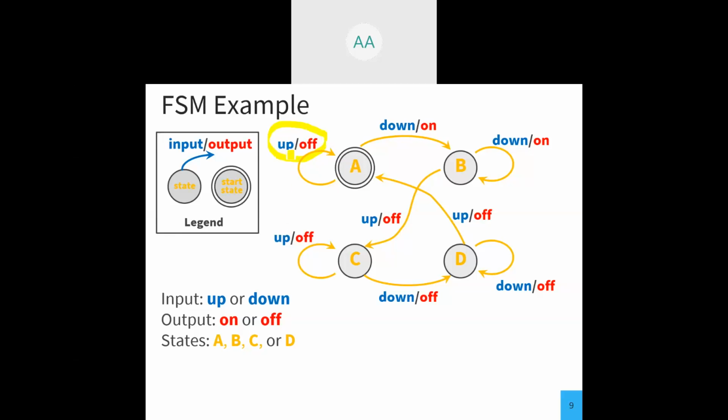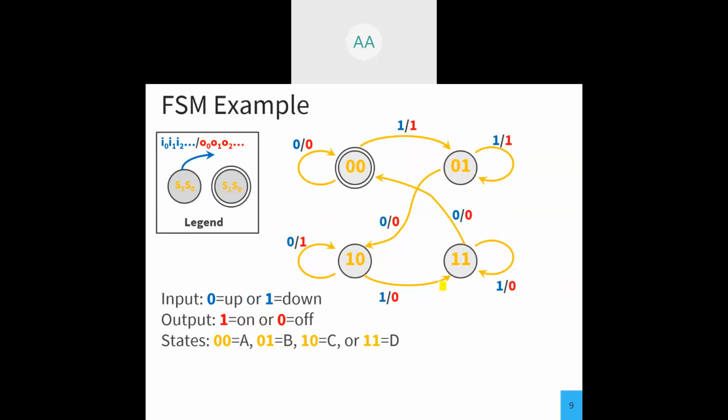You can see the input conditions are in blue, and for each state there are transitions to other states with the arrow lines. The blue ones are all the input conditions, and the red ones are the output conditions. And here the states are A, B, C, and D.